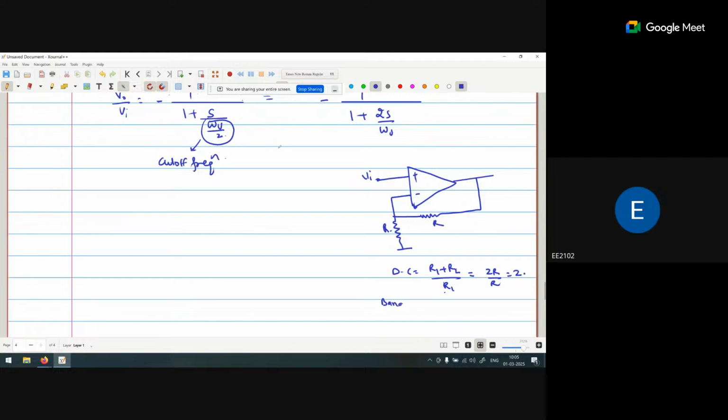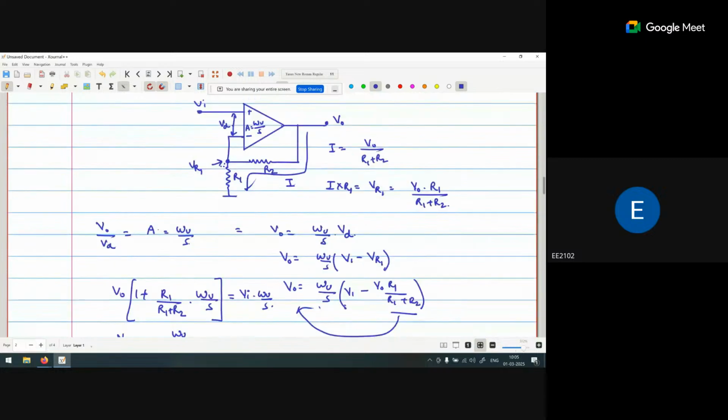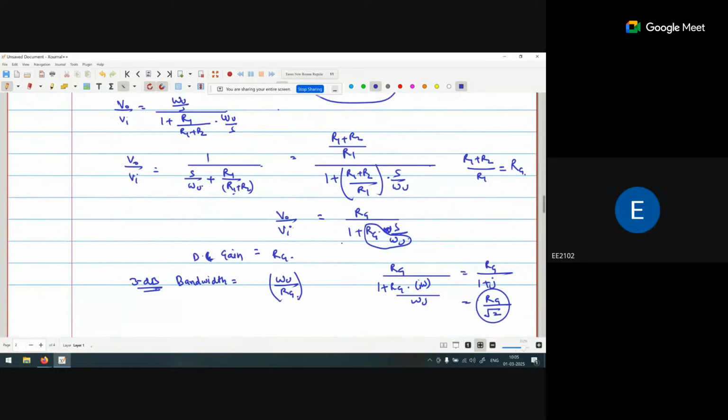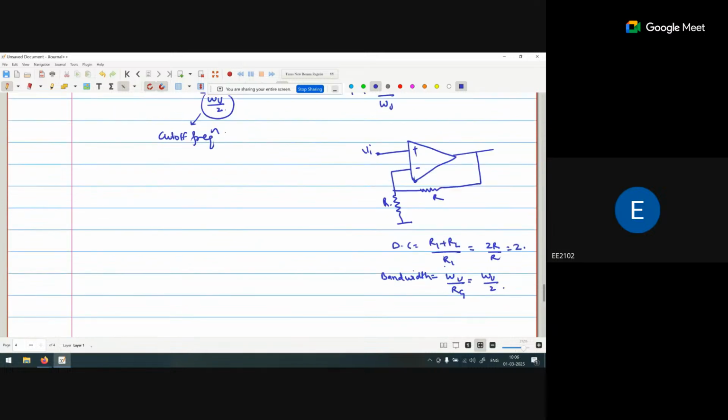And what is the bandwidth? The bandwidth is omega u by Rg, and Rg is R1 plus R2 upon R, so that is omega u by 2. So can you see the difference? It is the same circuit, only the terminal changes.